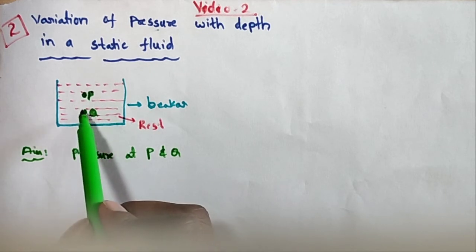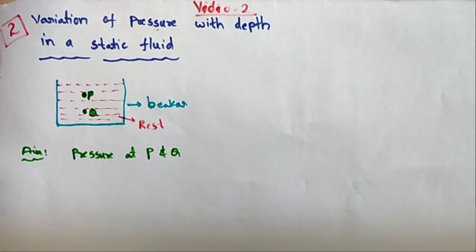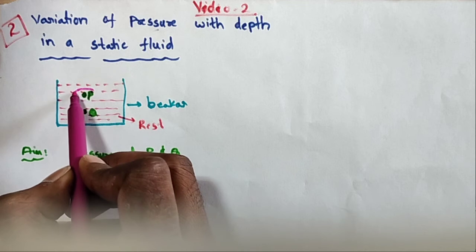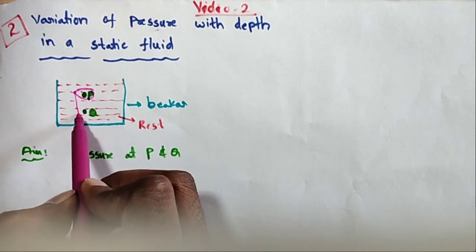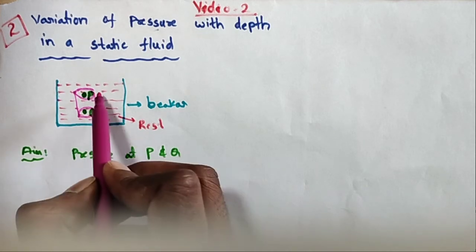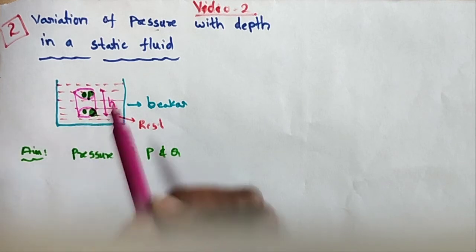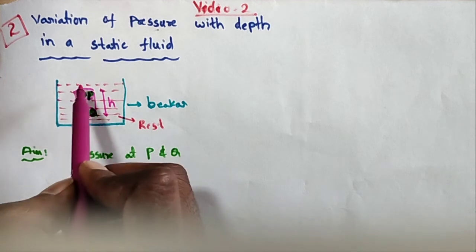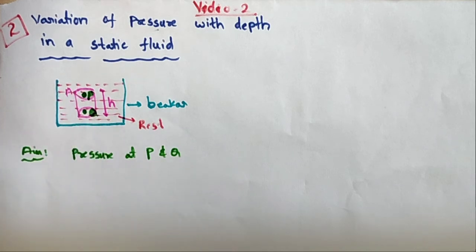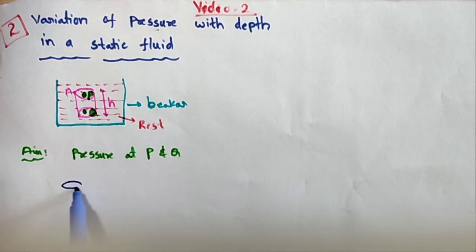So at points P and Q, we calculate the difference. For this purpose, I am considering one imaginary surface. This is my imaginary cylindrical surface at points P and Q, with height small h and surface area A. So I am taking one cylinder.